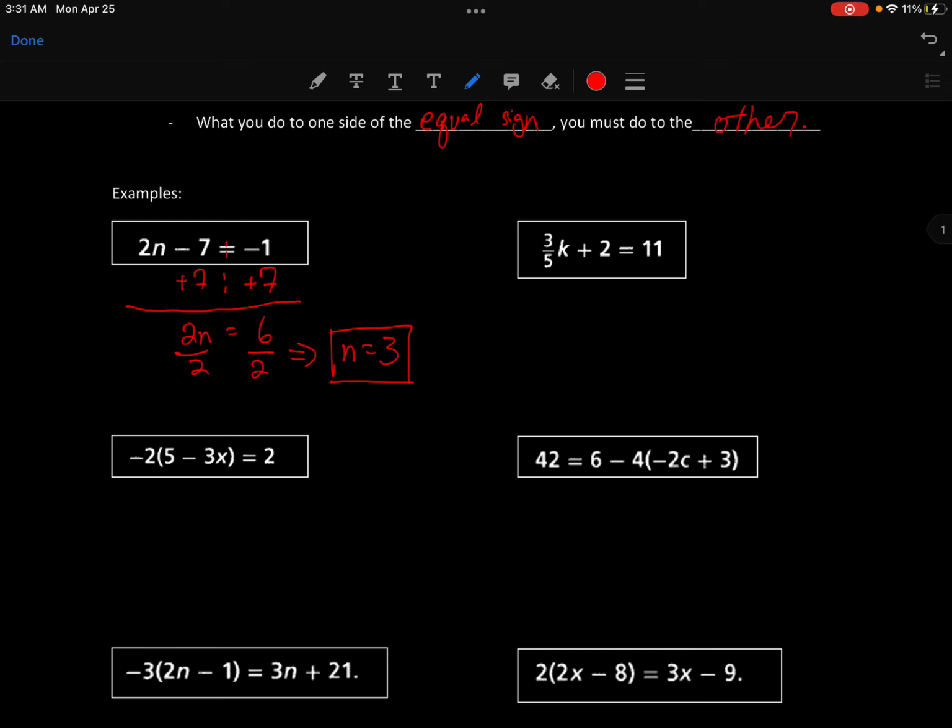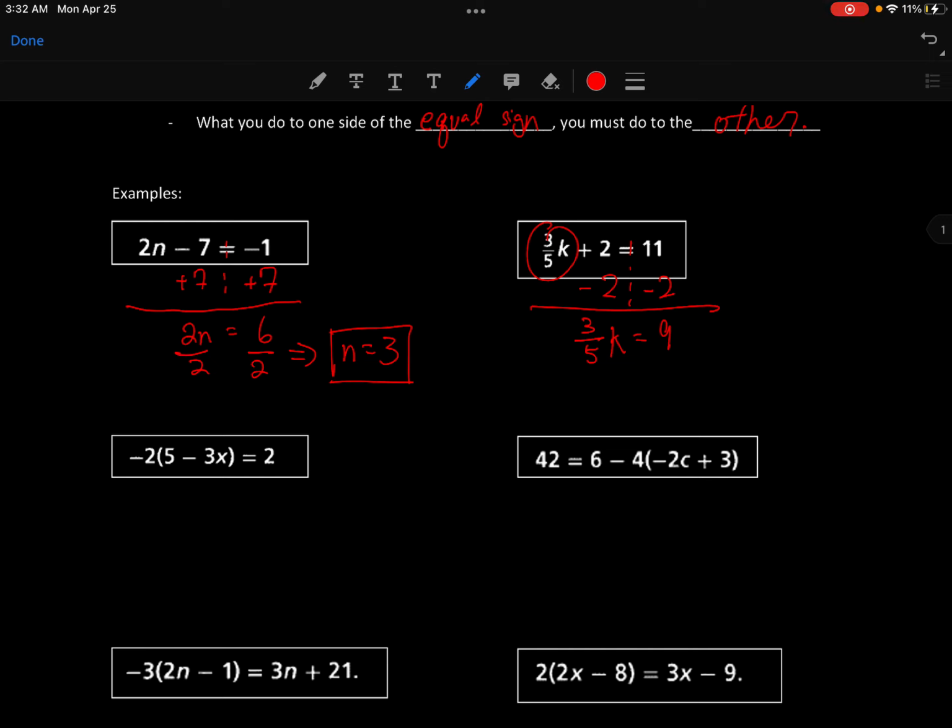Number 2. We have 3k divided by 5 plus 2 is equal to 11. Step number 1, I want to get this term by itself. Subtract 2 from both sides of the equal sign, and you're left with 3 over 5 k is equal to 9. Now I have a 3/5 in front of the k.